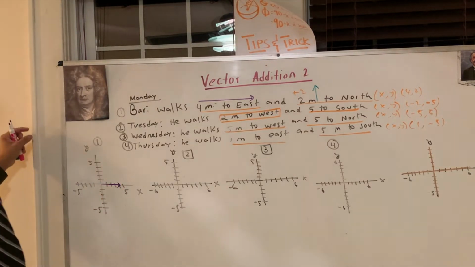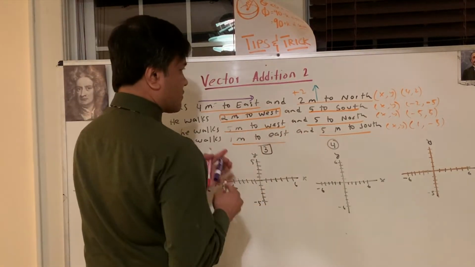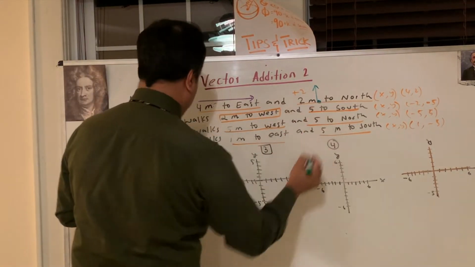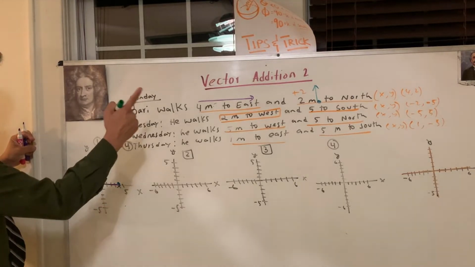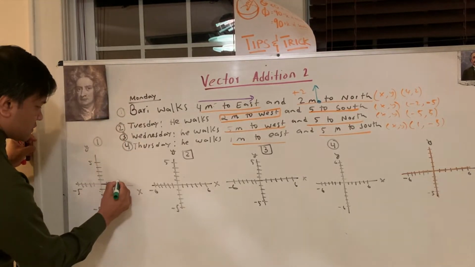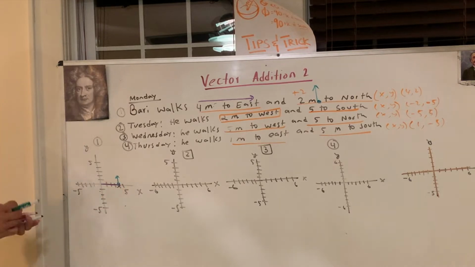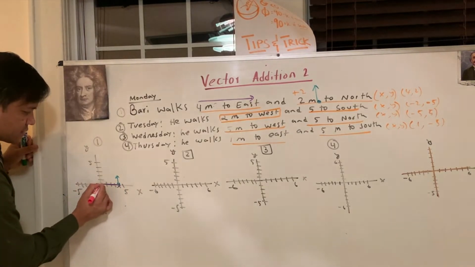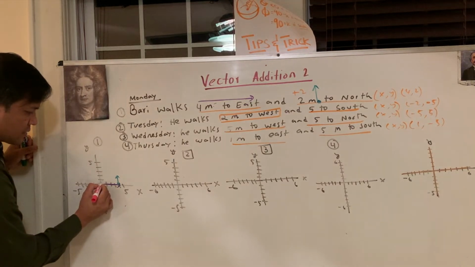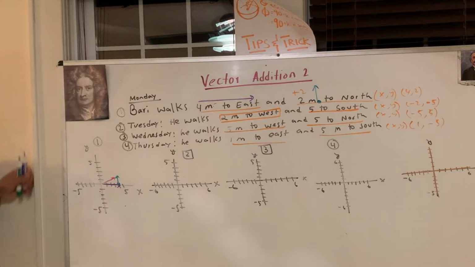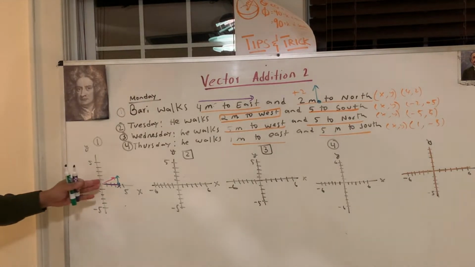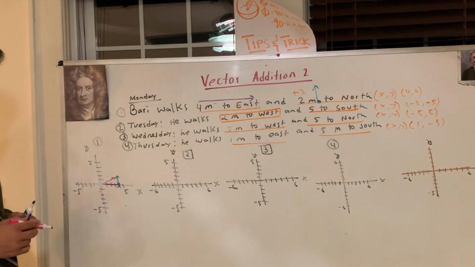Okay, I'm going to take the tail of this vector and put it on the head. Alright, and this is 2 meter to the north. Now head and tail method, from tail to head. So I'm going to add these two vectors. Alright. So this is the red one. I'm adding these two vectors.